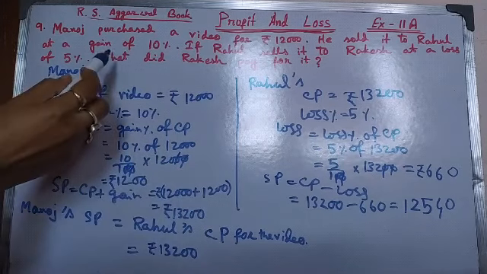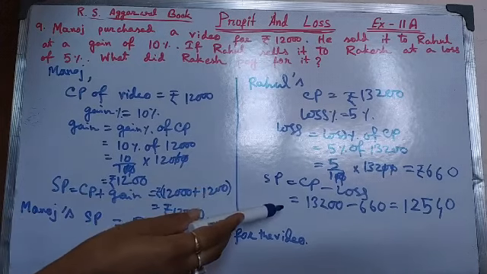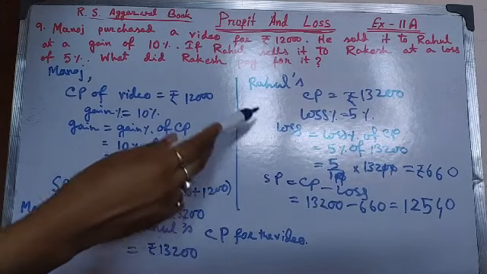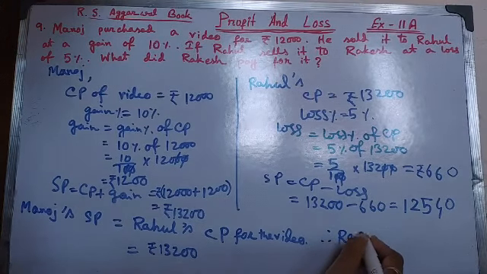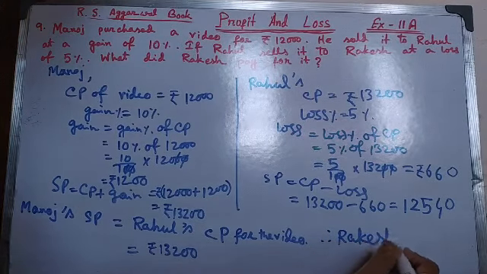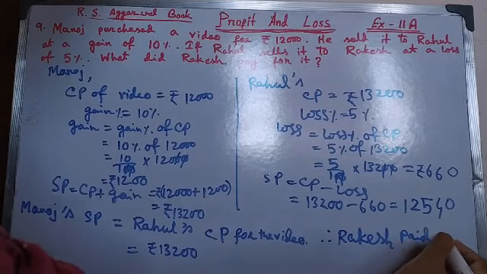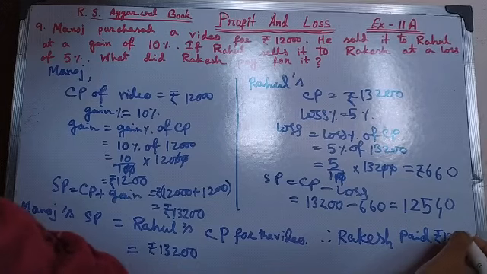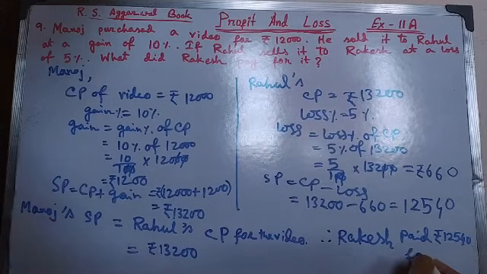So what did Rakesh pay for it? That means Rakesh purchased it from Rahul. So therefore Rakesh paid rupees 12,540 for it.